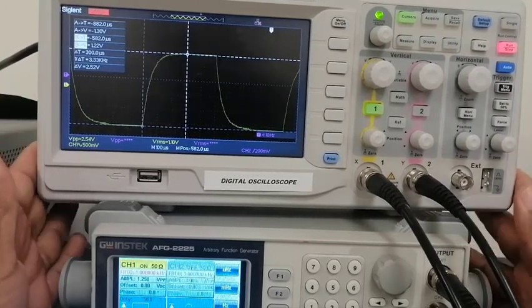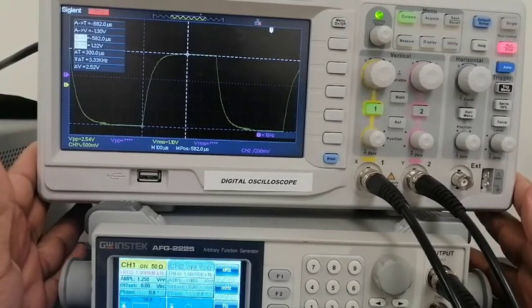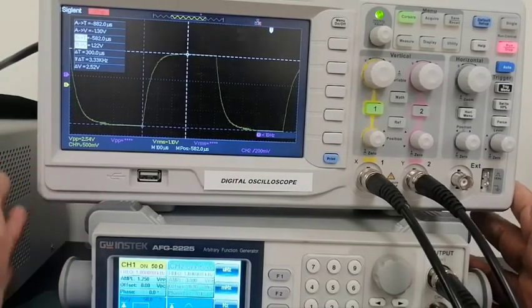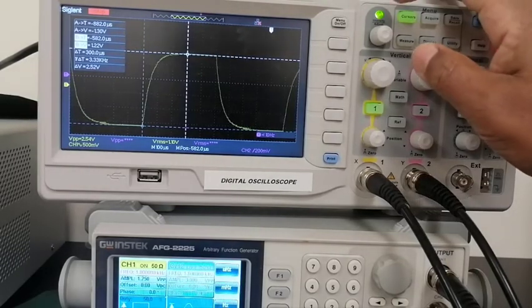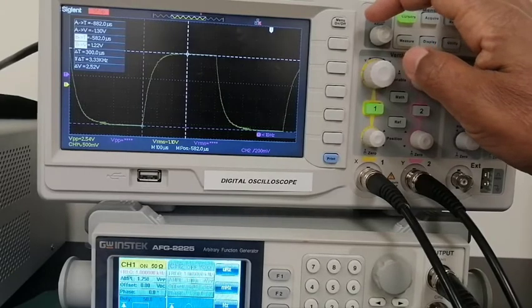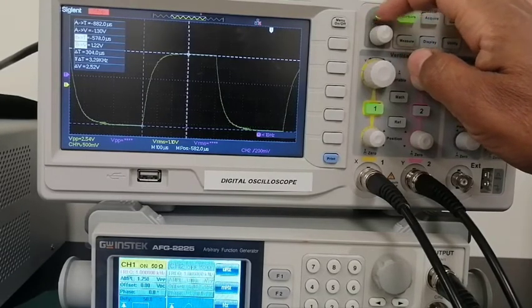At 300 microseconds, the voltage shows 2.52 volt. The capacitor is fully charged. Then we are going to measure 500 microseconds.